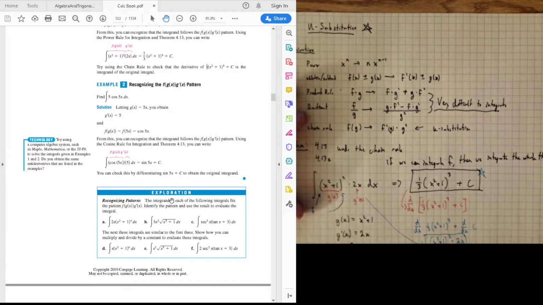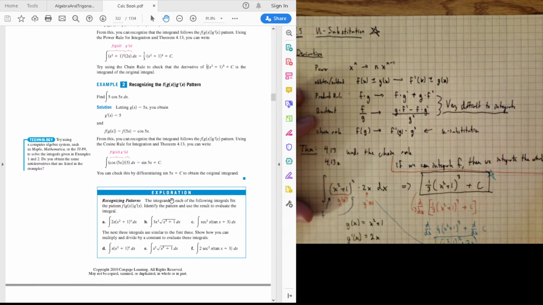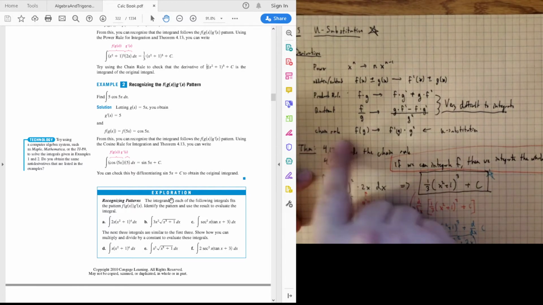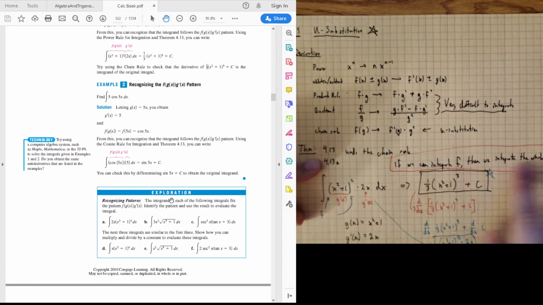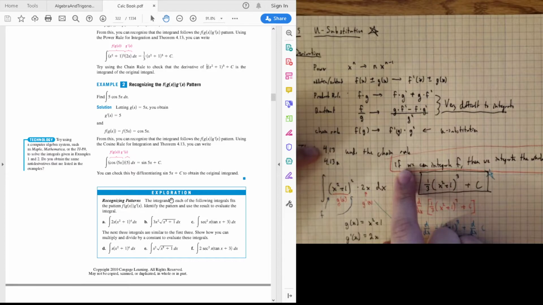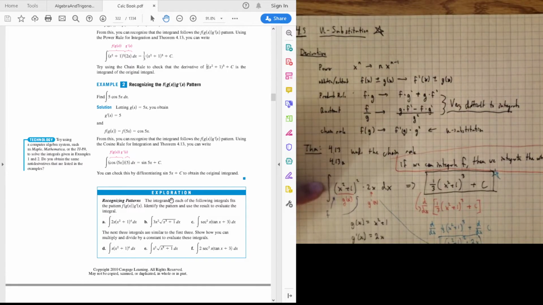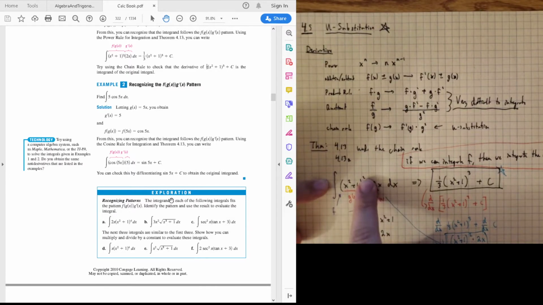But it has to be in this form to make it work. That's the big detail. If it doesn't match the form of Theorem 413, this doesn't apply. If it matches Theorem 413, then as long as we can integrate f, we can integrate the entire thing. So when we went to this example, we can integrate something squared: 1/3 that thing cubed.